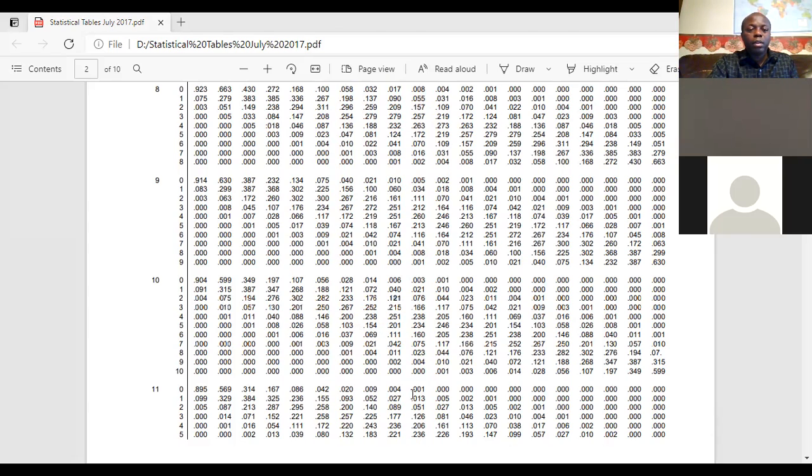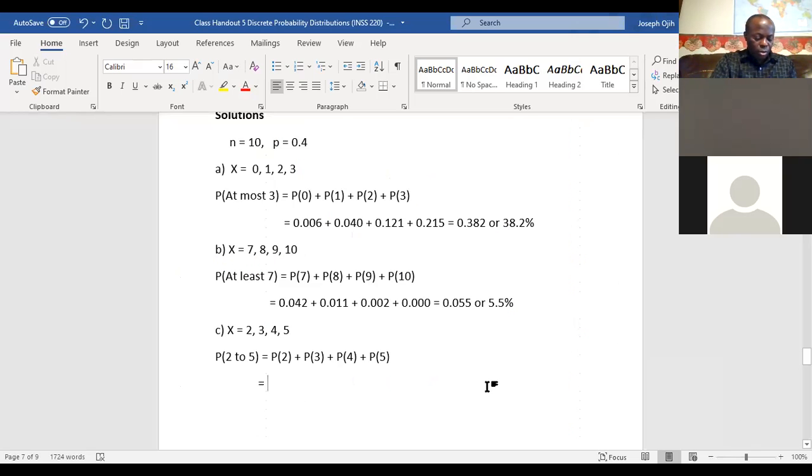Let us write it down first. It's going to be 0.121 plus 0.215 plus 0.251 plus 0.201. That will give you the required probability.